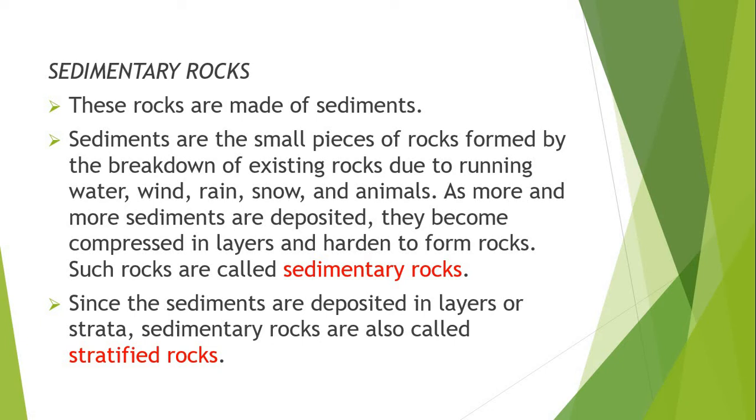As more and more sediments are deposited, they become compressed in layers and harden to form rocks. Such rocks, we call them sedimentary rocks. Since the sediments are deposited in layers, we can also call sedimentary rocks stratified rocks.